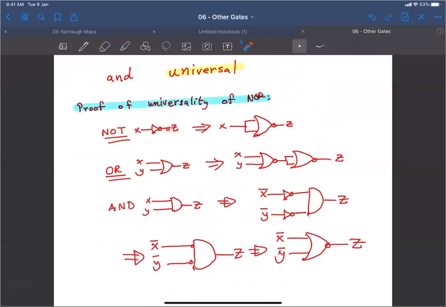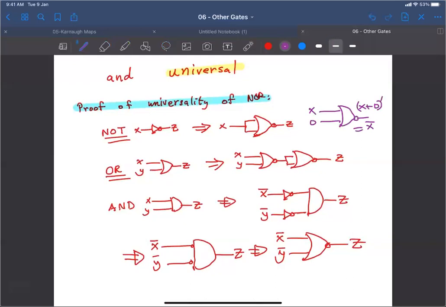The NOT is implemented using this structure here, or you have X here and a 0 here, and you NOR the two, then you get X OR 0, complemented, which is X complement. Both are the same representation of NOT.